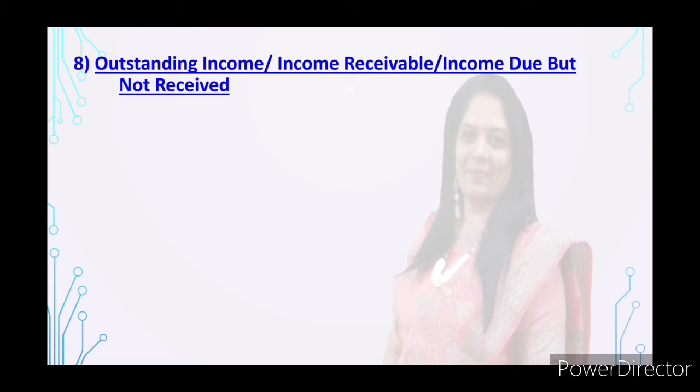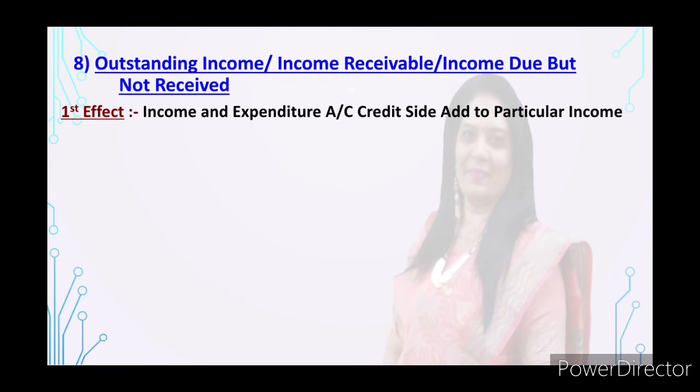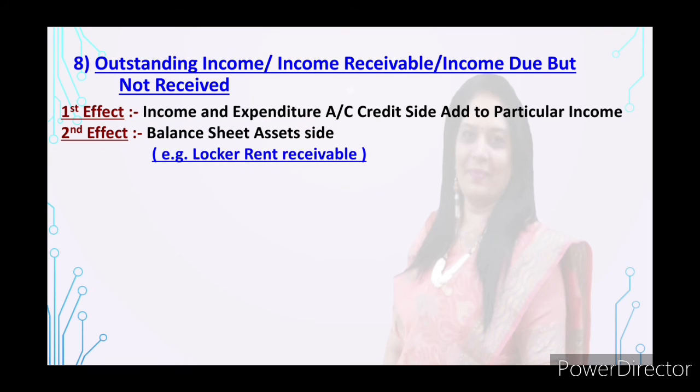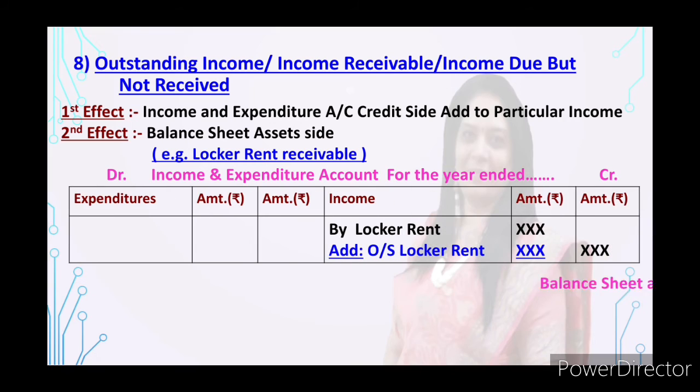Our next adjustment is outstanding income: income receivable, income due but not received. The first effect will be in income and expenditure account credit side, add to the particular income. Second effect will be in the balance sheet asset side. For example, locker rent receivable. Because this is income, you have to record it in income and expenditure account credit side.